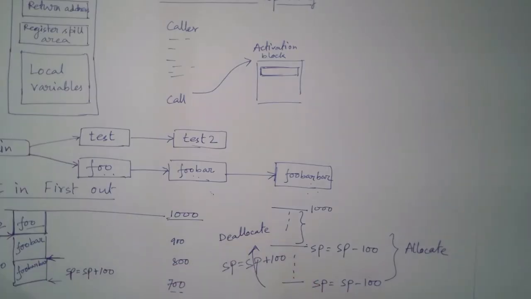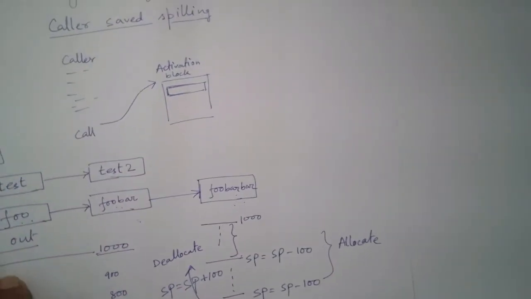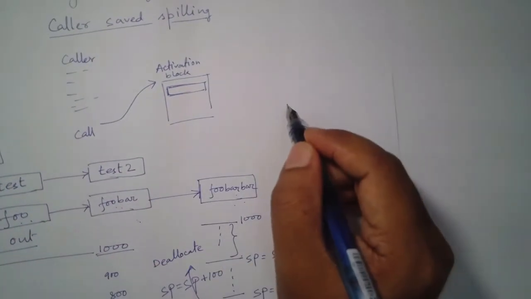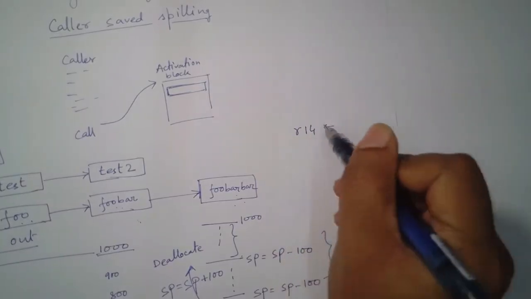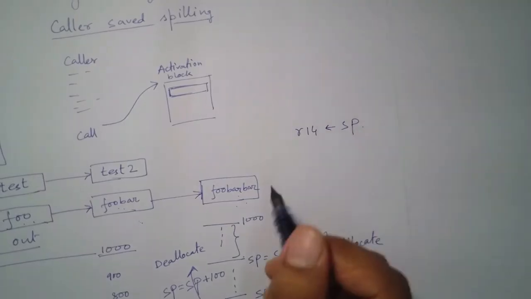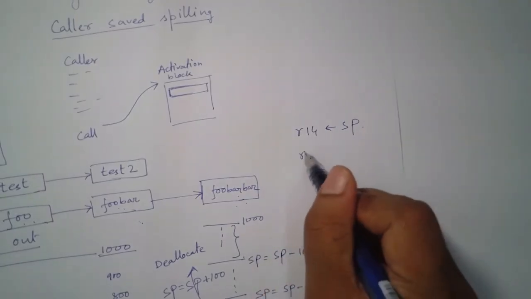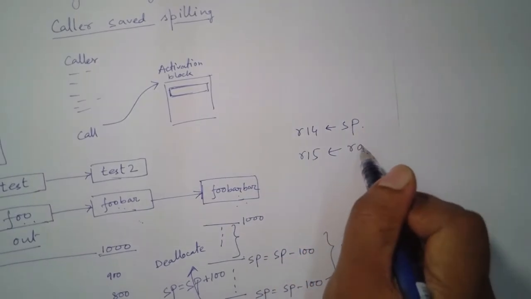So in our simple RISC, the stack pointer register, which I have already mentioned, is register 14, and register 15 is used as the return address. All right.